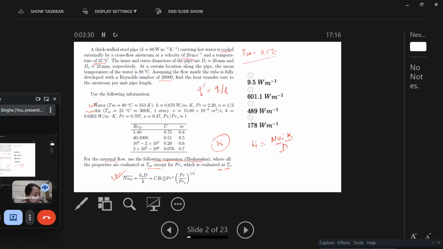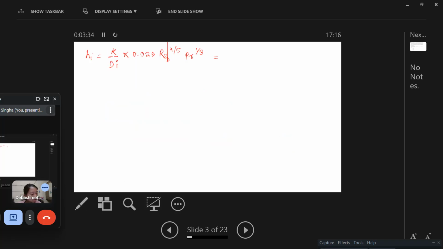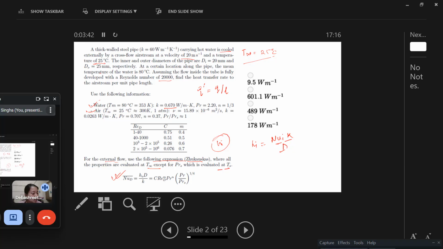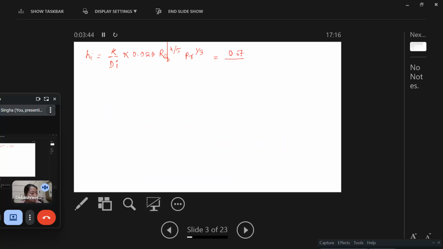But for water, it is 0.67. Di, that means internal diameter, is 20 millimeter, that means 0.02, into 0.023.